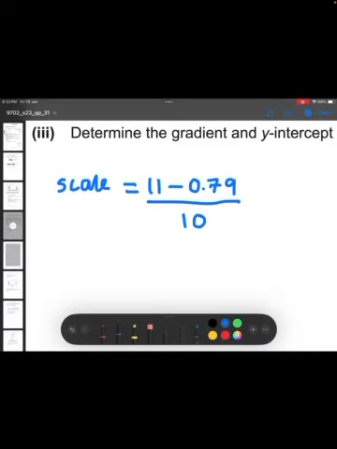which gives me, let me punch it in the calculator.